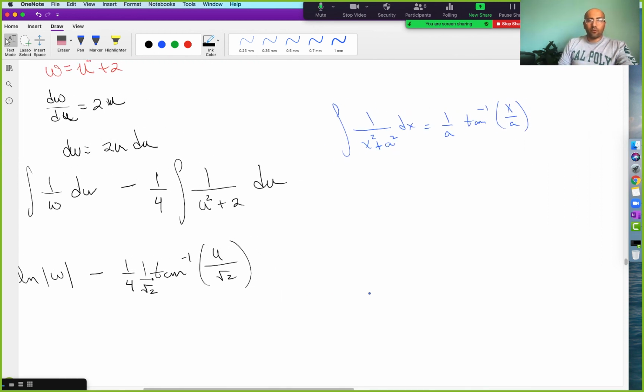So for us, we're just rewriting u squared plus 2 as u squared plus root 2 squared, and so the a is root 2. Good, that's how we get that.